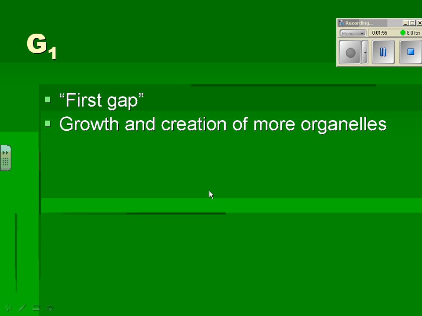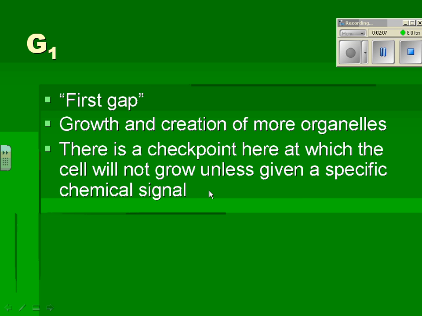During G1 is when a cell is growing and making more organelles, like mitochondria and ribosomes, and things like that. If it's a muscle cell, it makes more mitochondria. At this phase, and I'm going to show you a timeline of this in a minute, there's what's called a checkpoint here.